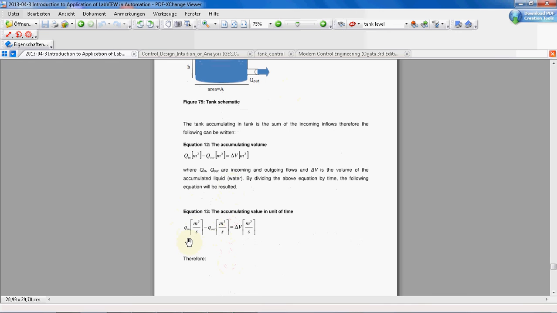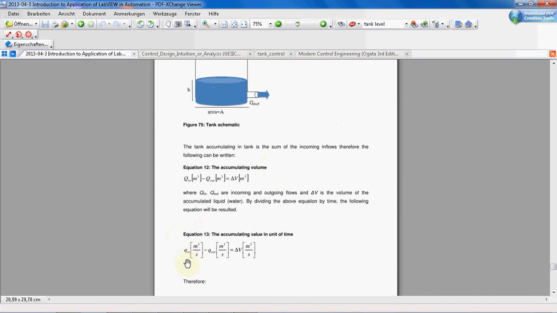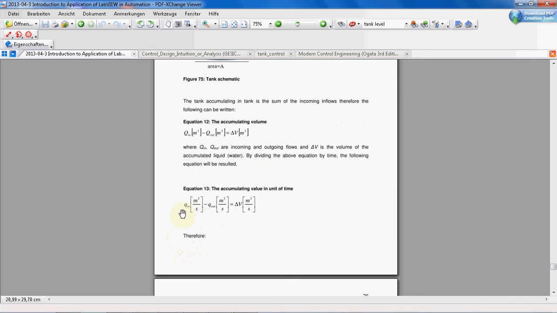We can actually write the same equation in unit of time, and we can write it in this way. We say that Q in, with the unit of cubic meter per second, minus Q out, with the same unit, is equal to delta V, with the same unit.